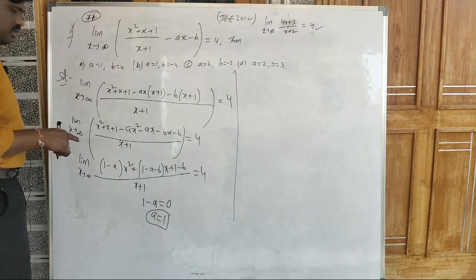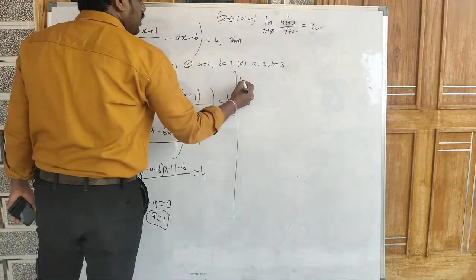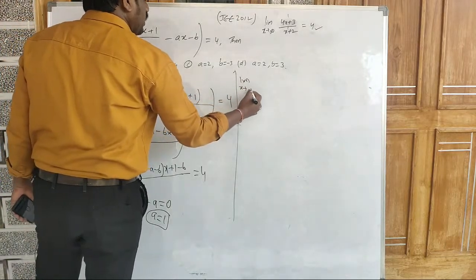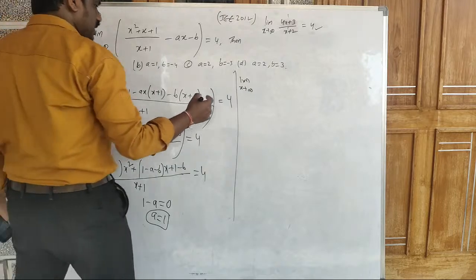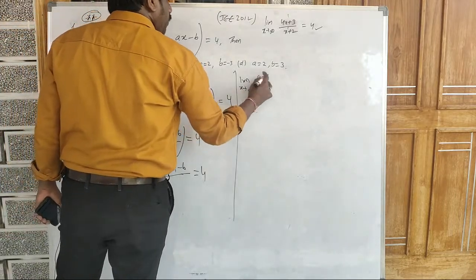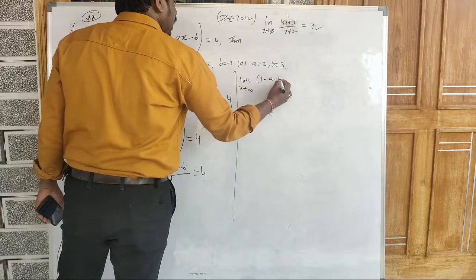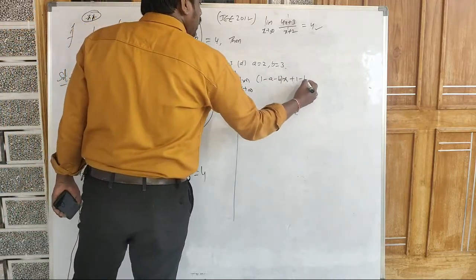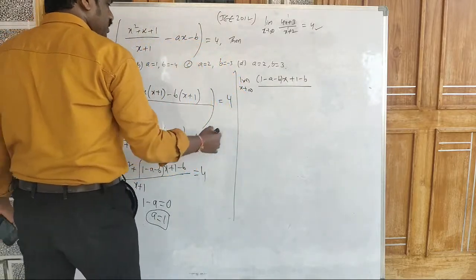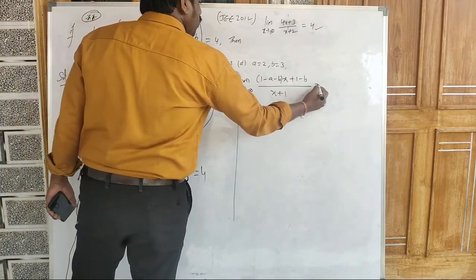Is it understood? Then what remains here? Limit x extending to infinity, what remains is 1 minus a minus b into x plus 1 minus b divided by x plus 1 is equal to 4.